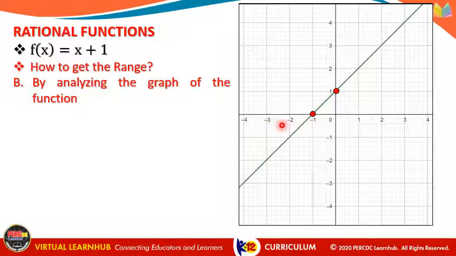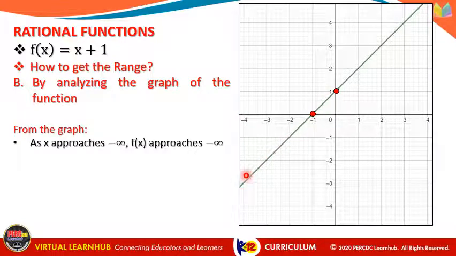As you can see, habang yung x mo pababa ng pababa, so negative 1, negative 2, negative 3, negative 4, negative 5, and so on, habang bumababa yung x natin, ano ang nangyayari sa line natin? Bumababa din ito. Therefore, as x approaches negative infinity, the value of f of x approaches negative infinity as well. Habang bumababa yung x, yung values ng f of x mo bumababa din.